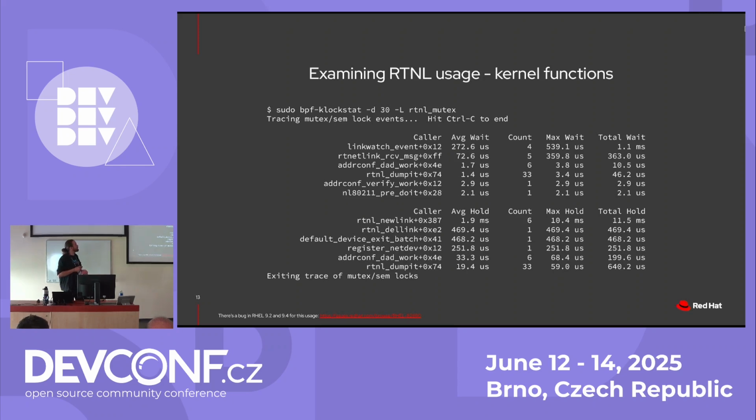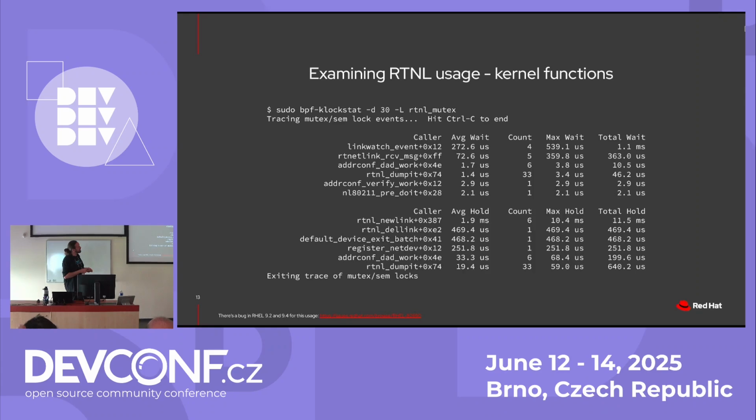Then it will also show you, this is if you remove the P. So which kernel functions are involved here. So you figure out, OK, this application was holding this particular lock, but why is it doing this? What's going on? And in this case, you can see which kernel functions are immediately calling into the lock. So in this case, we have some link watch events receive message.